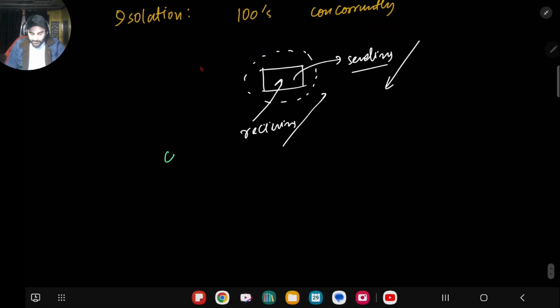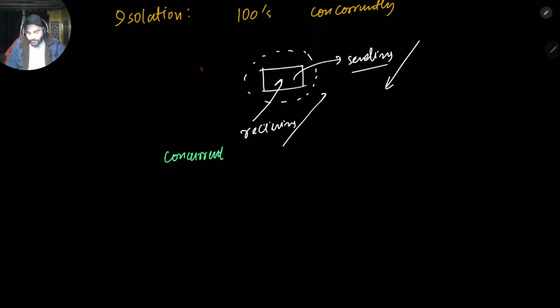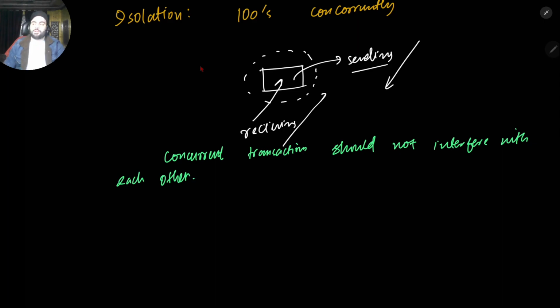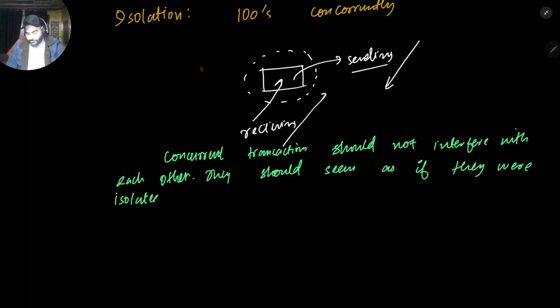Okay, so I'll write: concurrent transactions should not interfere with each other, and so they should seem as if they were isolated. Whenever transactions happen, it should look like the transactions are happening in isolation.